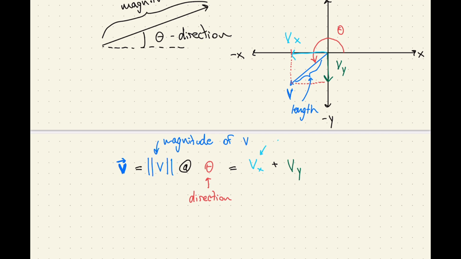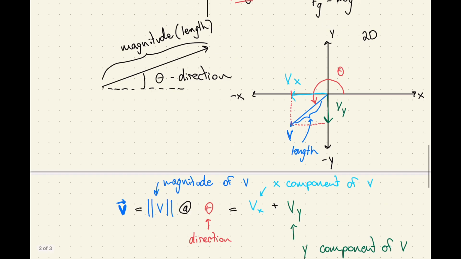Here we have the x component of v. And over here we have the y component of v. So these are two different ways of looking at a vector. Two different mathematical ways.